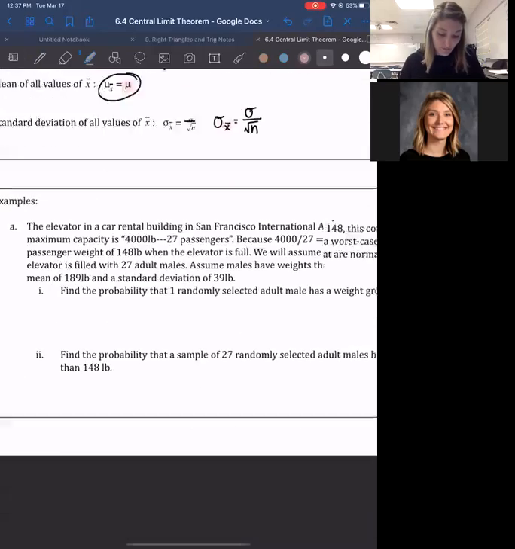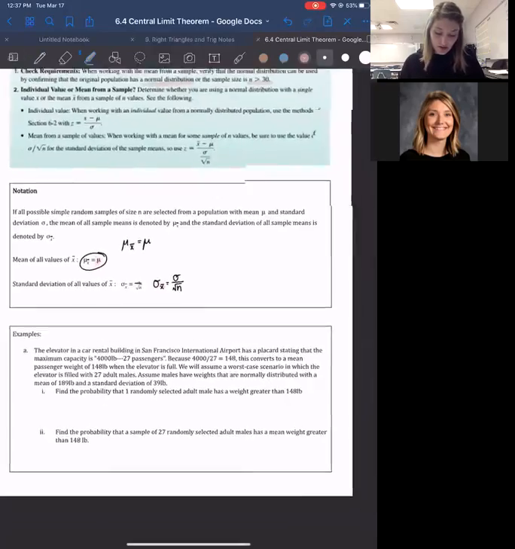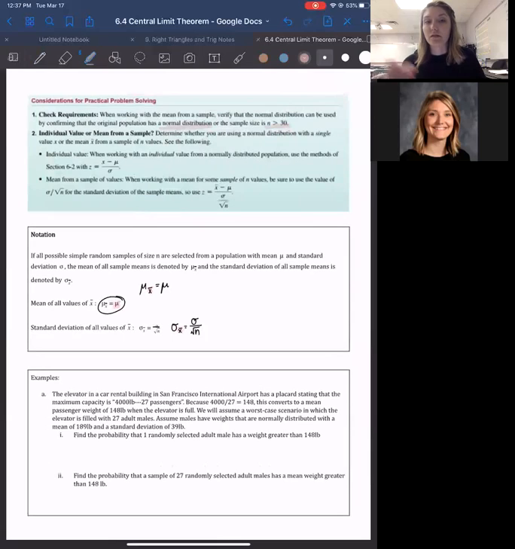Okay. All right, so here's an example problem that walks you through the difference between the two scenarios. The elevator in a car rental building in San Francisco International Airport has a placard stating that the maximum capacity is 4,000 pounds, 27 passengers.